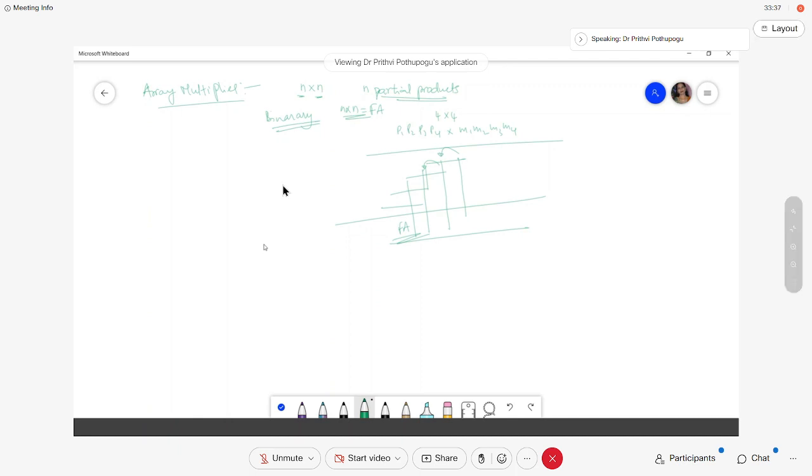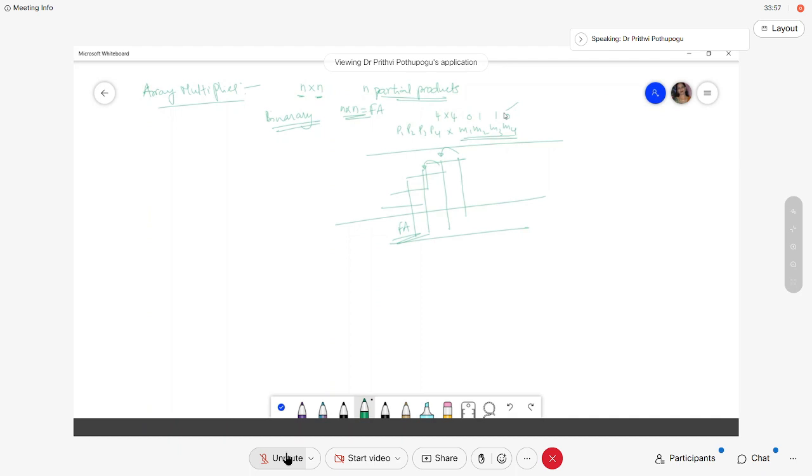See, based on the bits of your M, whether it is 0 or 1: if the multiplier is 0, what will be the partial product? All zeros, no?